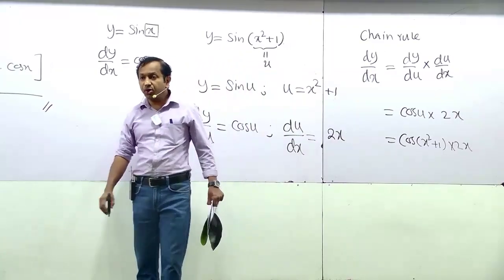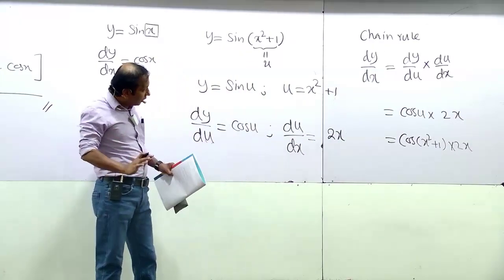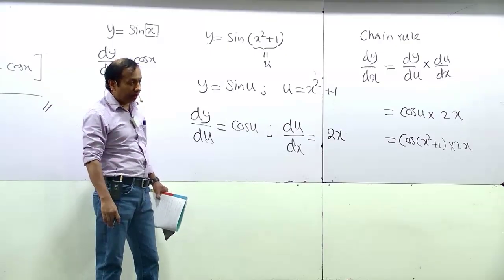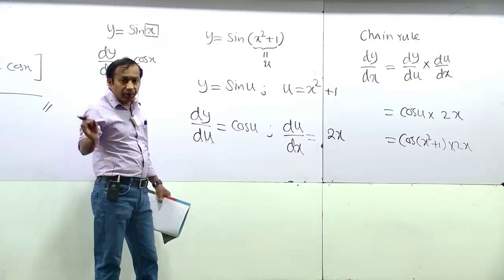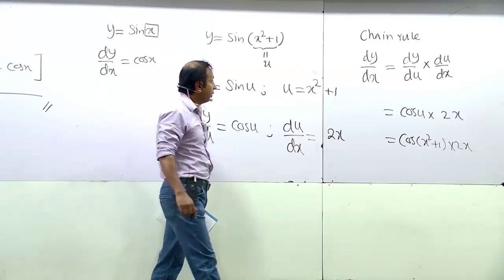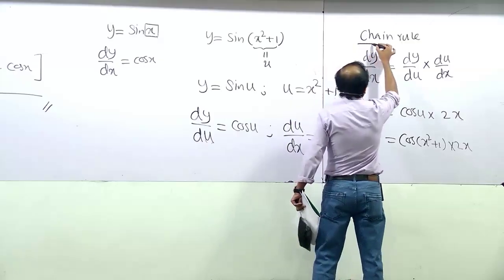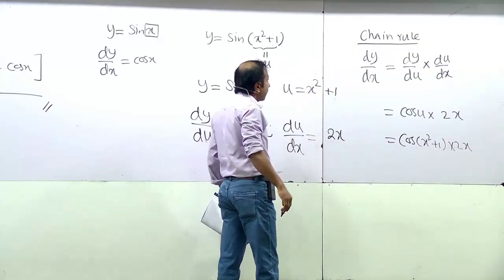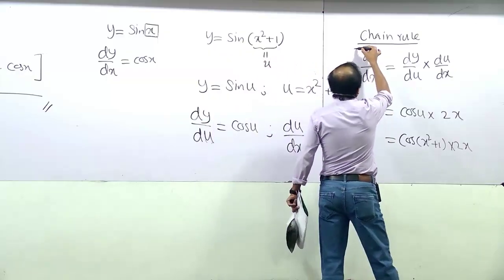So therefore, for most functions like this, we have to use the chain rule. Okay. Then we will write the chain rule. Write down the heading as chain rule. Write down the chain rule like this.